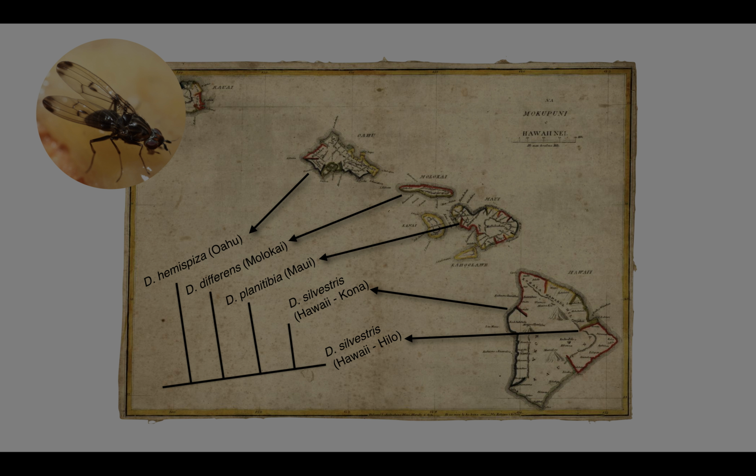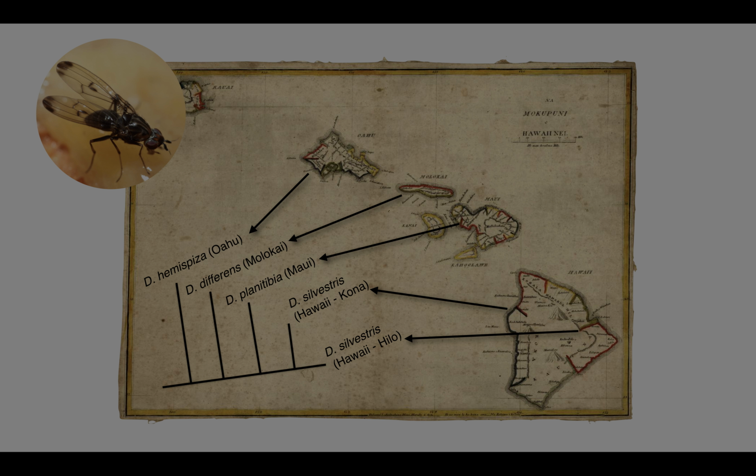This is speciation occurring when there's a physical barrier between populations. That speciation can occur by random chance, due to the nature of mutations.